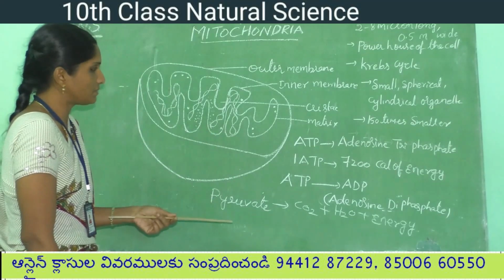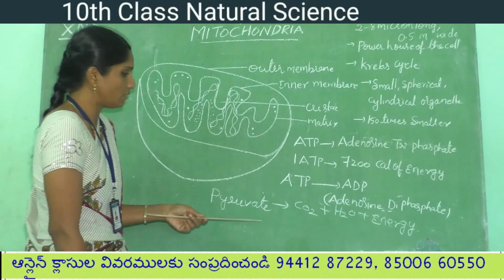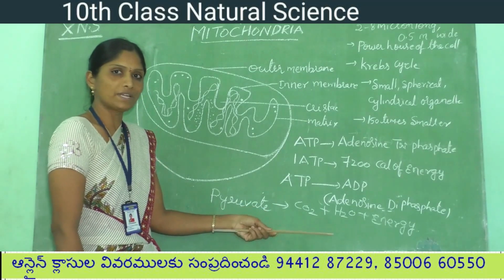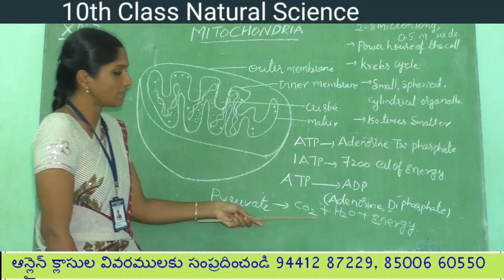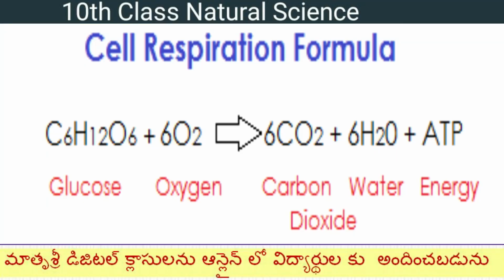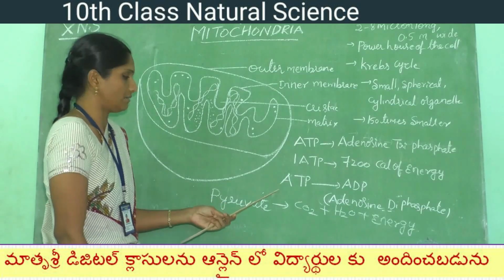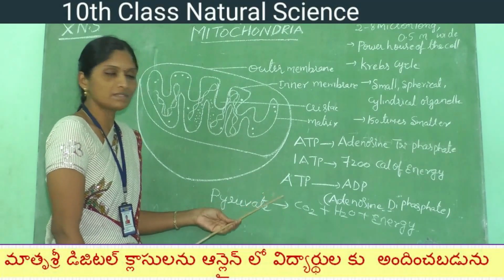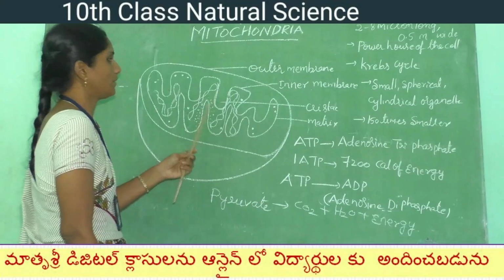What are the end products of the Krebs cycle? The end products are CO2 plus H2O plus energy in the presence of oxygen. In aerobic respiration, oxygen is involved here in the mitochondria.